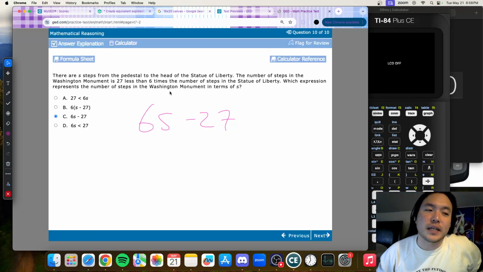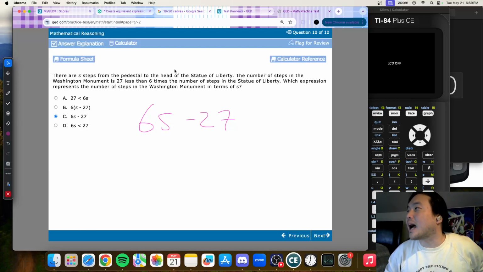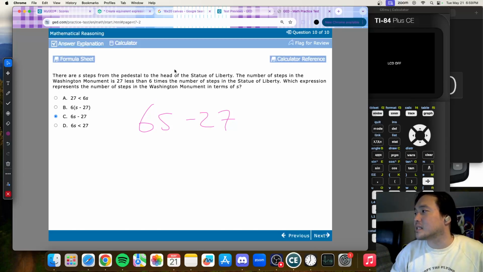Here, you just need to recognize, if I tell you the distance from my house to the library is 3 miles less than the distance from my house to the Walgreens, well then you just have to realize the distance to the Walgreens minus 3 is equal to the distance to the library.